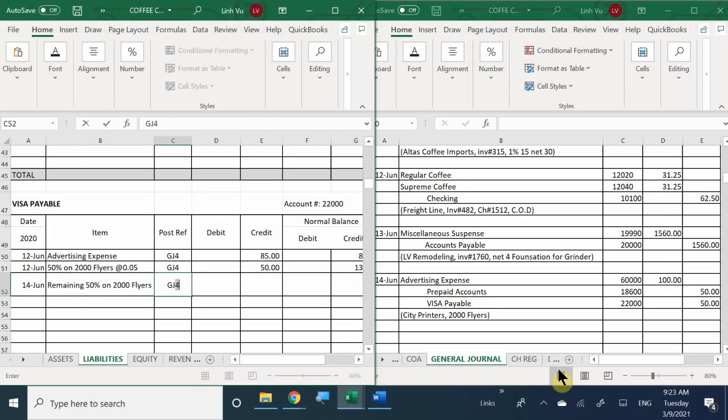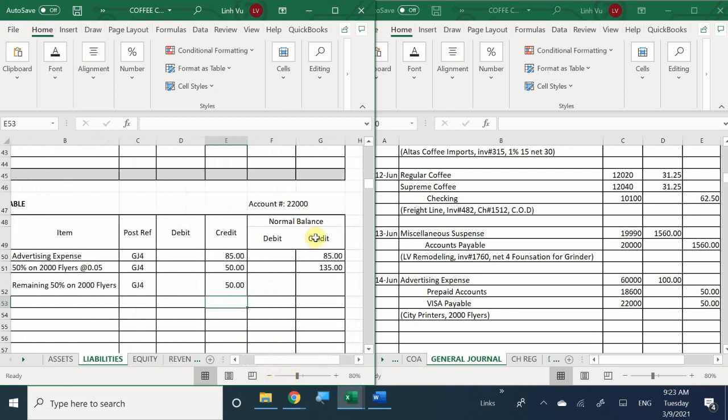General journal number 4. And again, it's for the net other $50. So now we've increased my credit card bill to now $185. Okay.